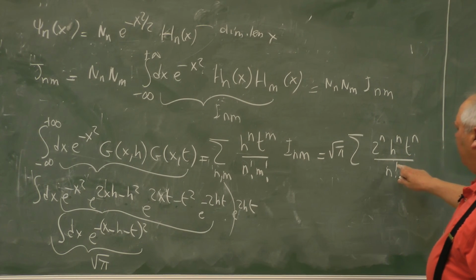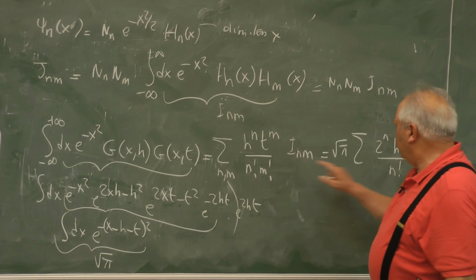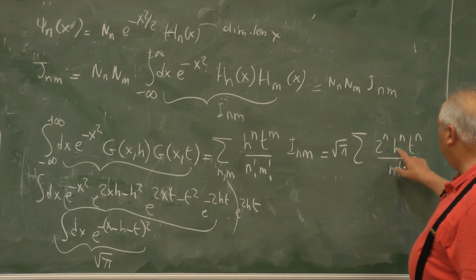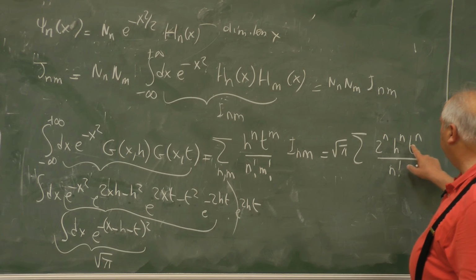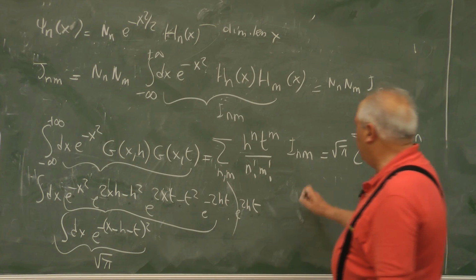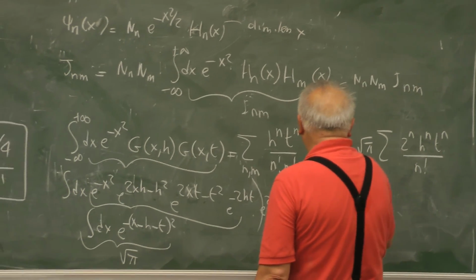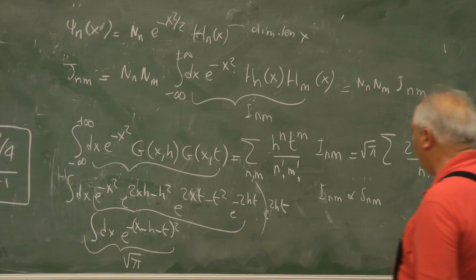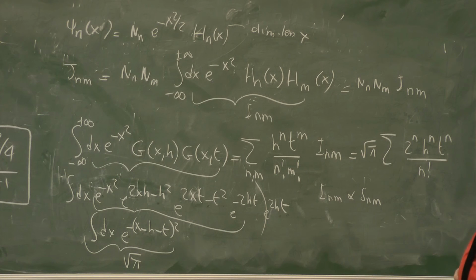First, what do we see? There are no terms on the right such that the power of h and the power of t are different. They occur in the form ht to the n. So first of all, I nm must be proportional to delta nm. Otherwise, it is 0.